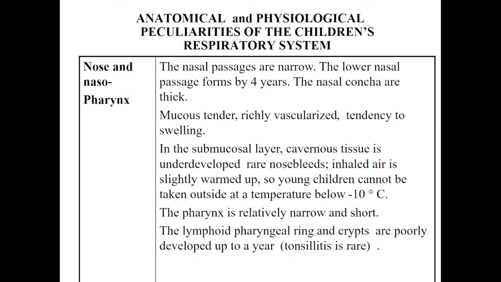The pharynx is relatively narrow and short. The lymphoid pharyngeal ring and crypts are poorly developed up to a year. That's why we don't see sore throats. Tonsillitis is rare.